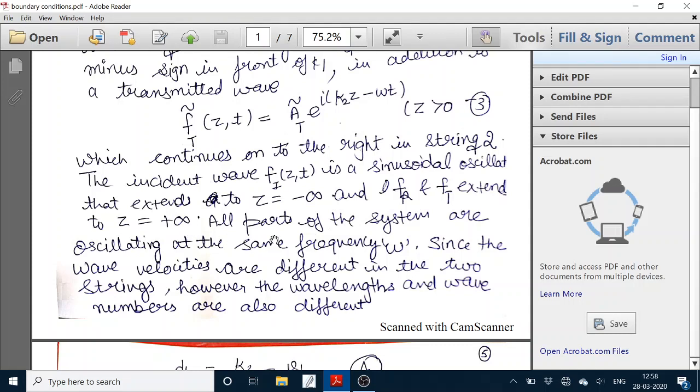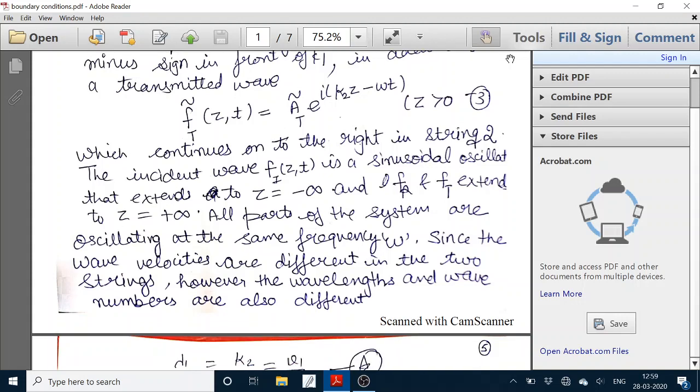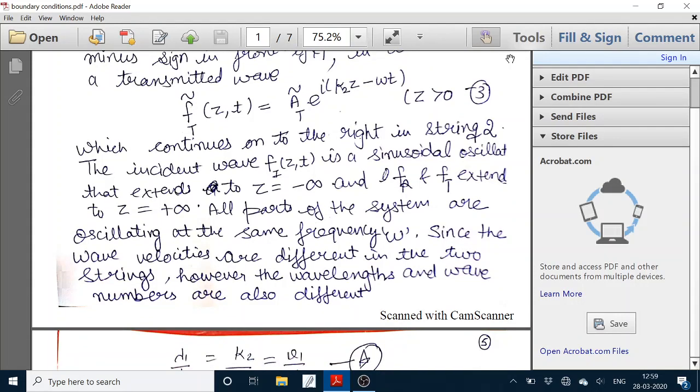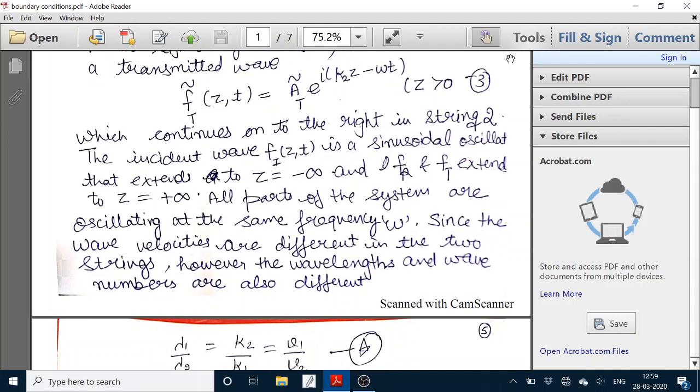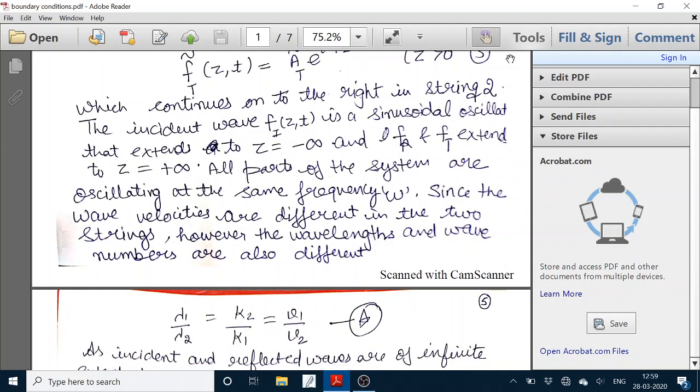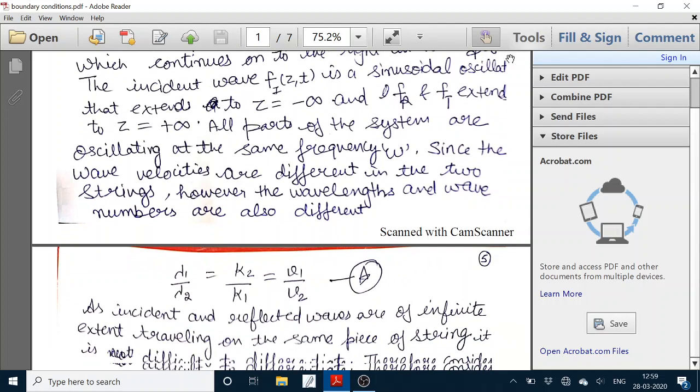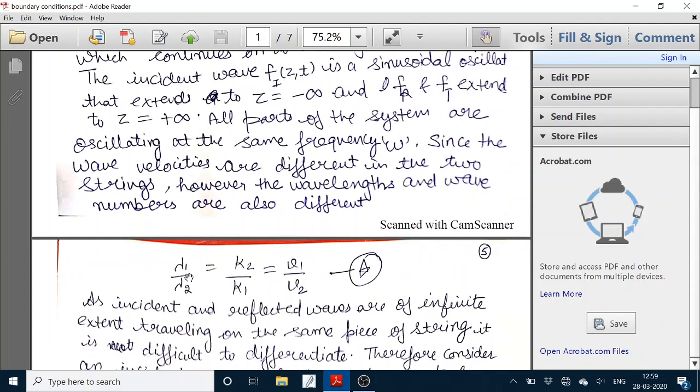So here all parts of the system are oscillating at the same frequency omega. Since the velocities are different in the two strings, the wavelengths and wave numbers are also different, so we have the relation lambda 1 upon lambda 2 equals k2 upon k1 equals v1 upon v2.